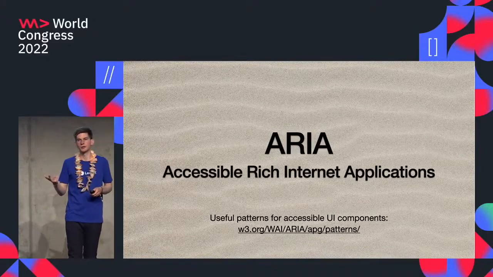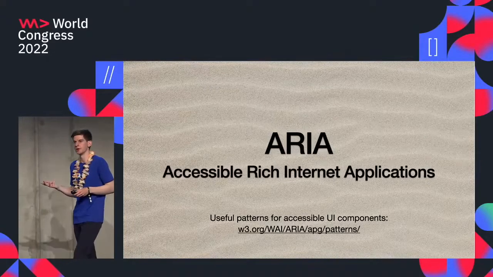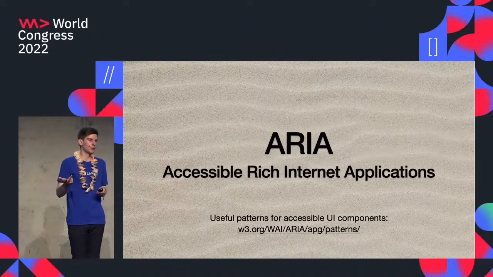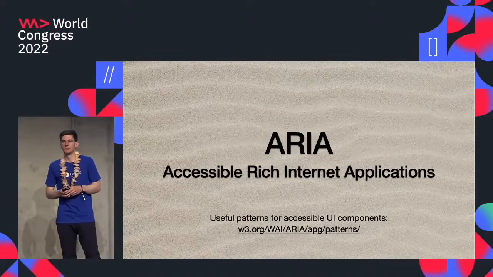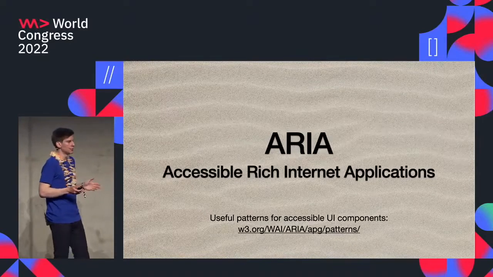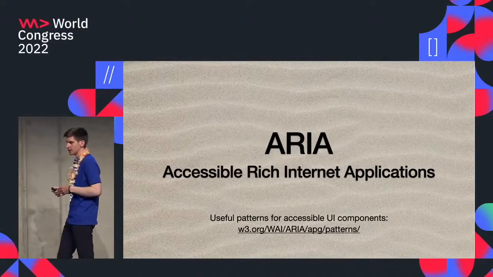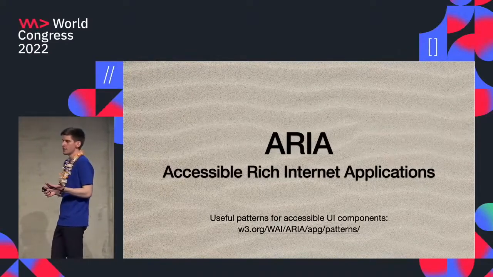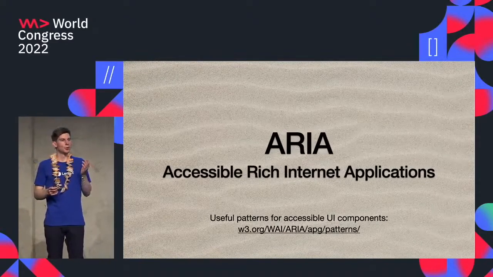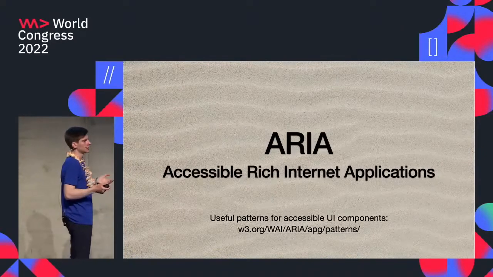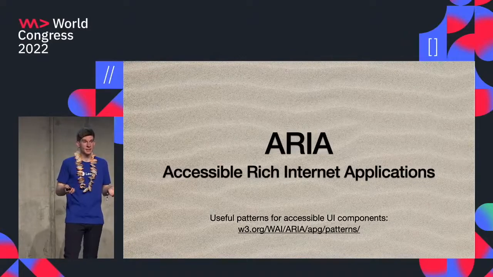I'll just mention 3 screen readers. There's NVDA, JAWS, and Apple VoiceOver. Screen readers are very important, especially for blind people. And through ARIA, we can make the experience for screen reader users a lot better. So it's important to know that ARIA exists.